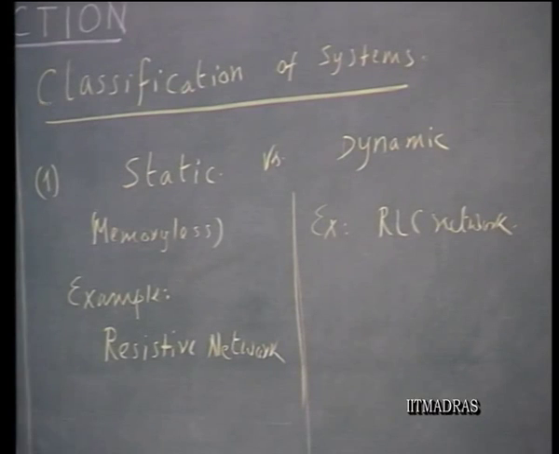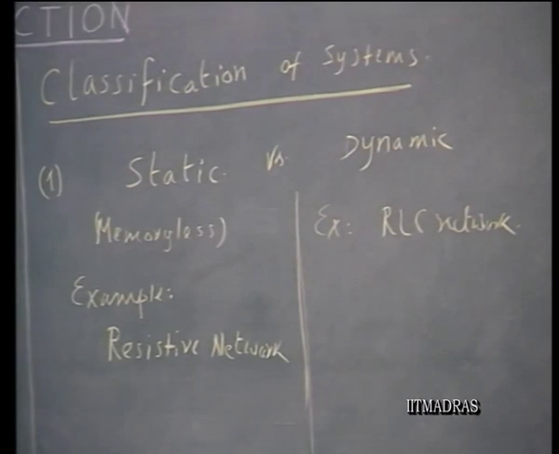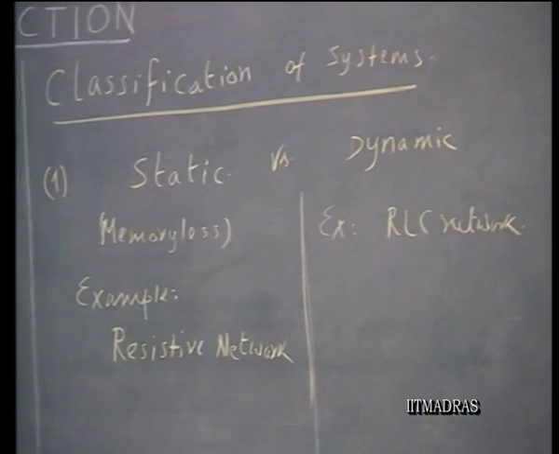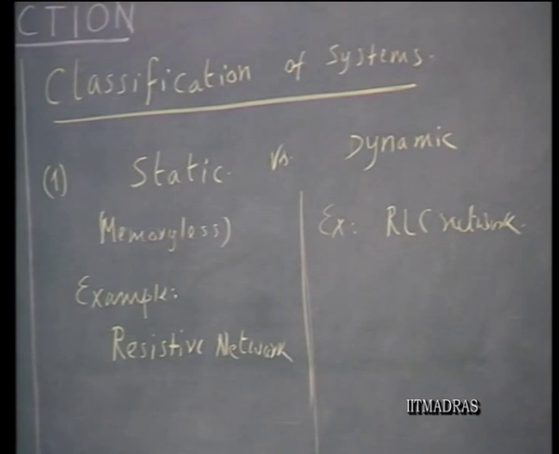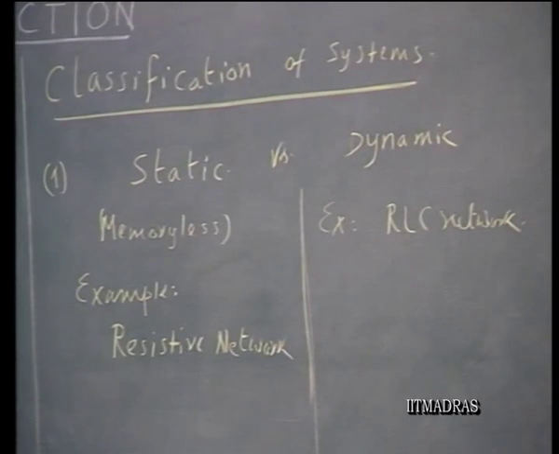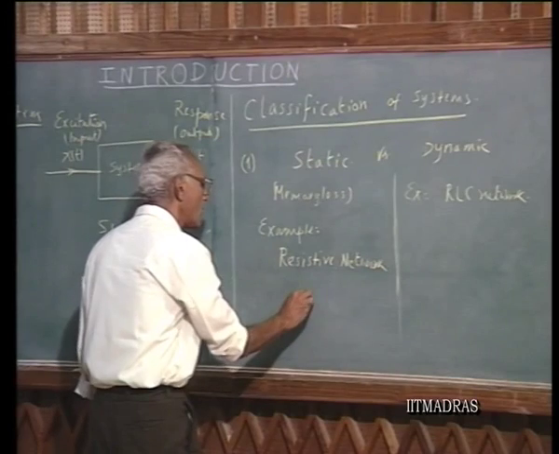So if you have an RLC network with given excitation functions, it's not enough to know the excitation for the complete solution. You should also know the initial currents in the inductors and the initial charges in the capacitors. So it turns out that when you want to describe a static system, the equations governing the performance are purely algebraic in character.